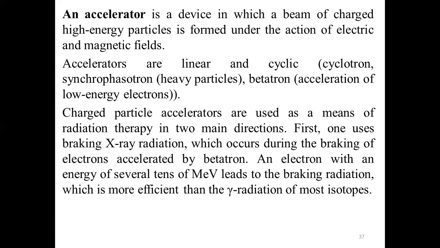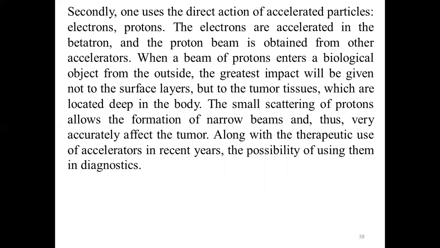An electron with energy of several tens of mega electron volts leads to bremsstrahlung radiation, which is more efficient than the gamma radiation of most isotopes. Secondly, we can use the direct action of accelerated particles, electrons, protons.